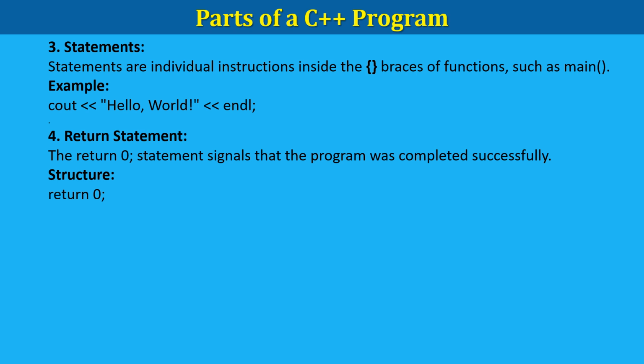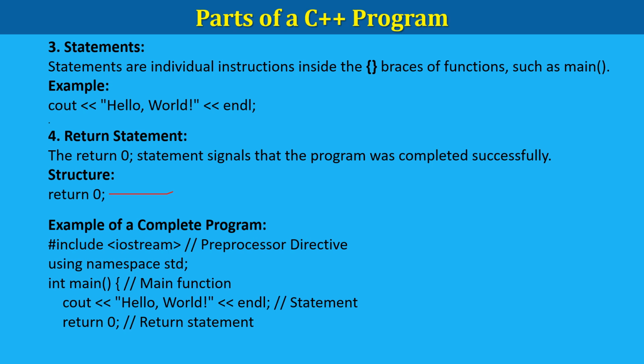Return statement: the return 0 statement signals that the program completed successfully. The return value indicates whether the program finished without errors. Including this statement ensures smooth execution, especially in a larger application.